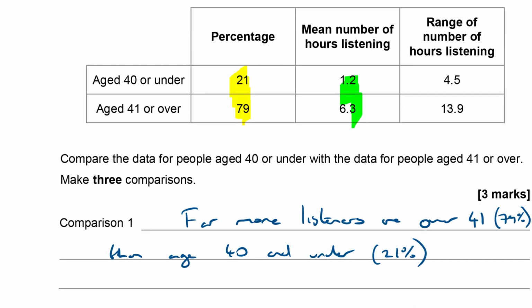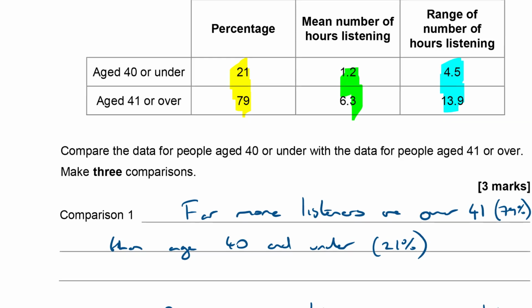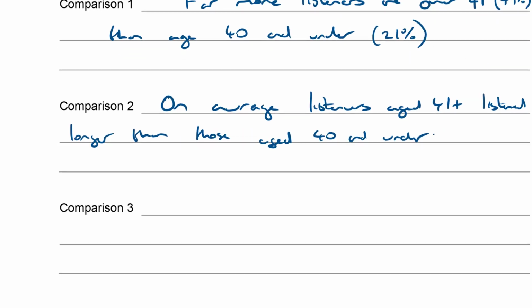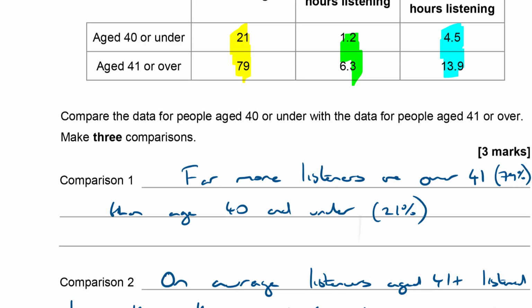And then finally, we've got this range here, which tells us about dispersion or spread, how spread out the numbers are. So the range is bigger for age 41 and over again, so that means they are more varied. That was the range of number of hours listening.